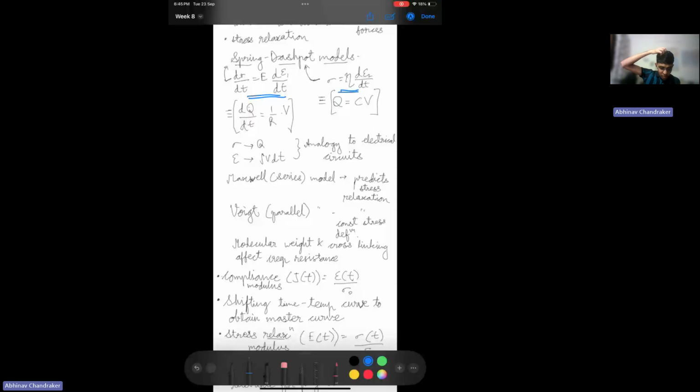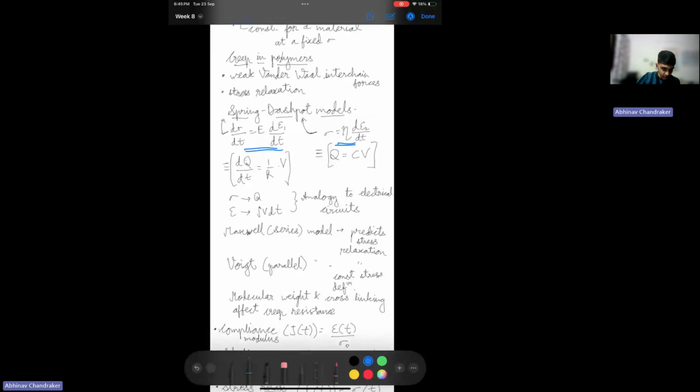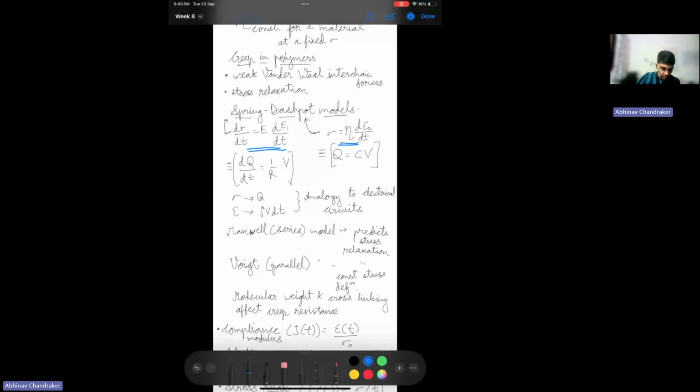Since we already know how to solve for electrical circuits, we can just make an analogy with the models we have involving spring and dashpot and these equations. And then after solving for these electrical circuits, you can replace it back with these. It's the same thing only. Physics is the same, just that it's for different entities.